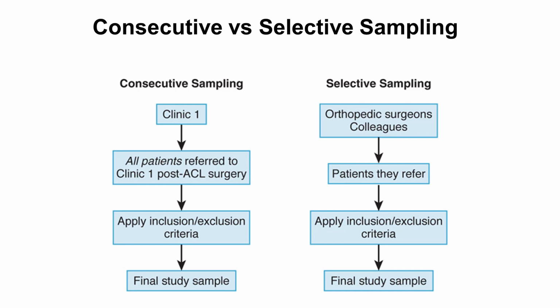Now you can see that orthopedic surgeons in the selective sampling condition may have only selected patients for referral that had better outcomes. So selective sampling is going to have more potential bias than consecutive sampling.